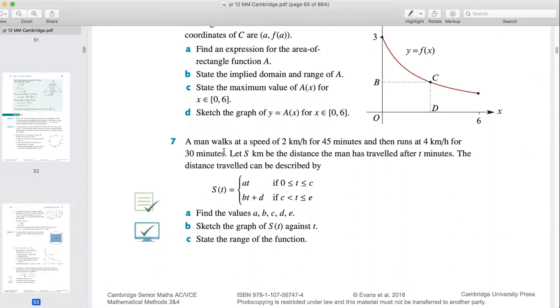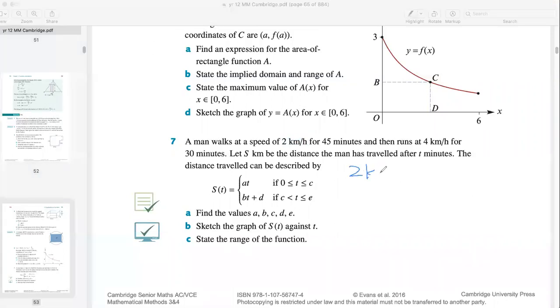And also in here, because they changed the S kilometers, the distance traveled after T minutes, you better change this one. Okay, convert this to kilometers per minute. This one is 2 km per 1 hour, so we can do 2 kilometers divided by 60 minutes.